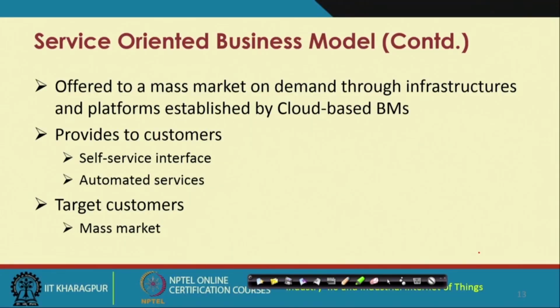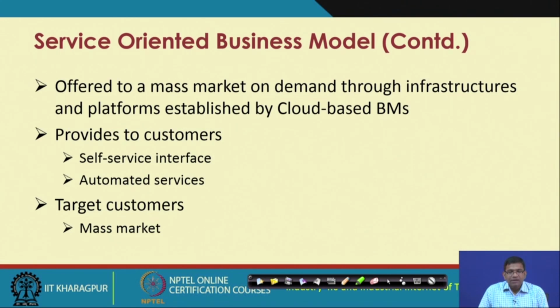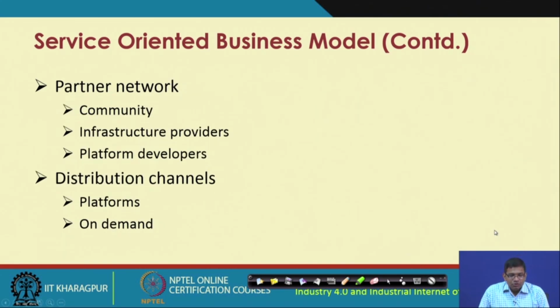So, the customers are provided self-service interfaces, automated services and so on, and as I was telling you, the target customers are basically the mass markets, but not necessarily so. So, partner network is very important. The community that is there.